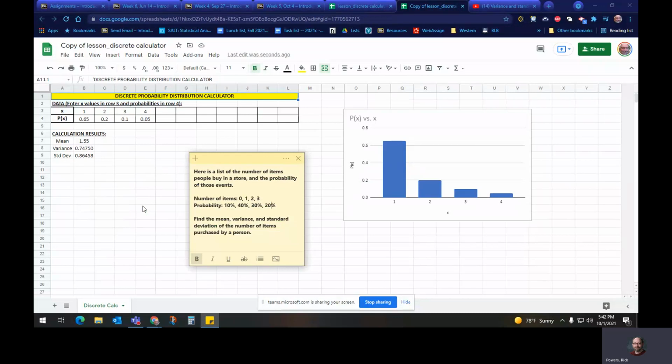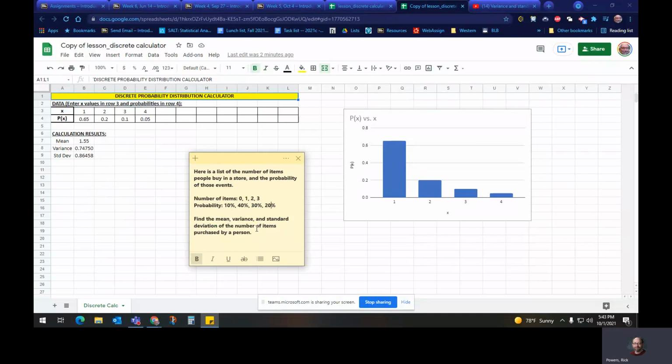So this is what you would have in your homework. You would have some kind of number for events, and then you would have a probability that those things would happen. And what we want to do is find the mean, the variance, and the standard deviation of that number of items. Again, when we talk about the mean, that's the average.